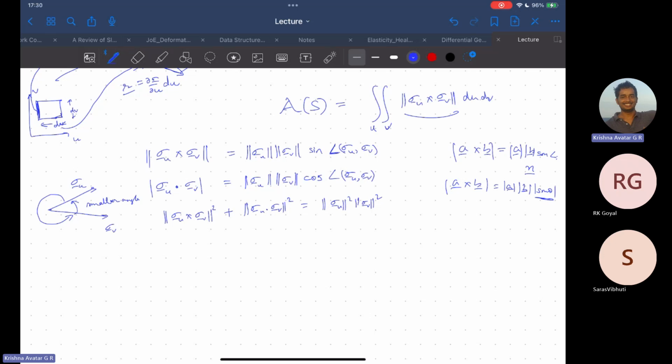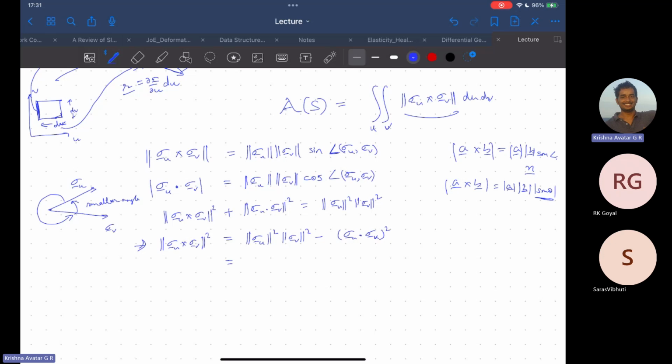So this implies that the norm of σu cross σv squared is equal to the norm of σu squared times the norm of σv squared minus σu dot σv squared. Ideally, this is just the magnitude squared, right?